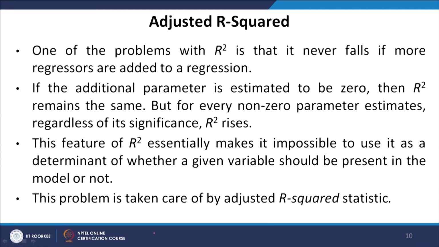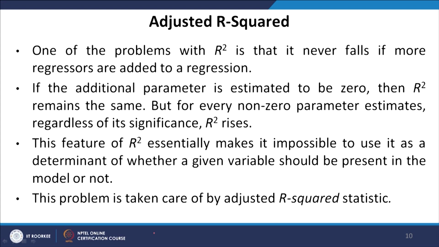Okay. So, having talked about inferences, next we talk about adjusted R squared. One of the problems with R square is that it never falls if more regressors are added to a regression. If the additional parameter is estimated to be 0, then R square might remain the same, but for every non-zero parameter estimate, regardless of whether it is statistically significant or not, R square inevitably rises.